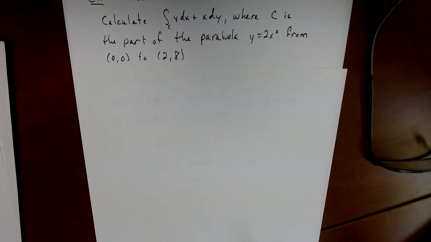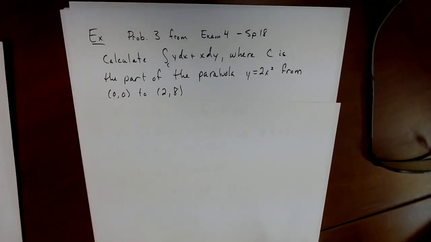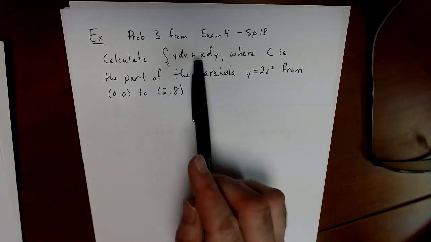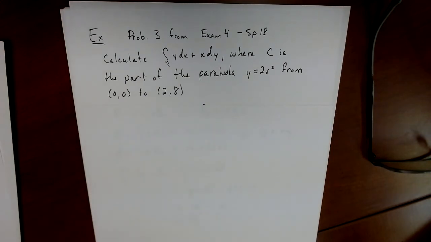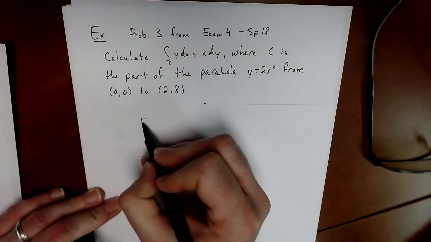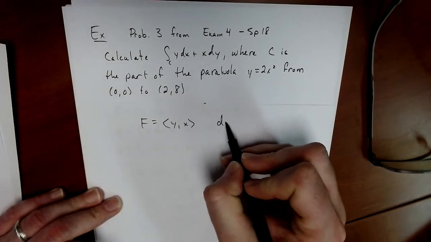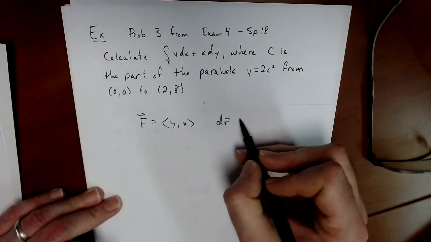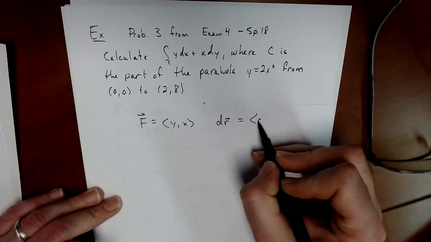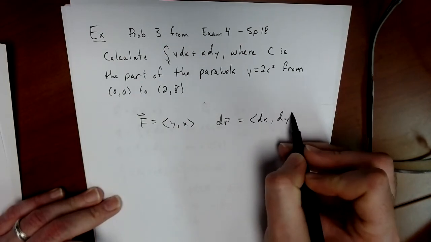Then I wanted to do one more example. This is off an old exam. And here we're going to use the other notation for F dot dr, but that's just F equals (y, x) and dr equals (dx, dy).